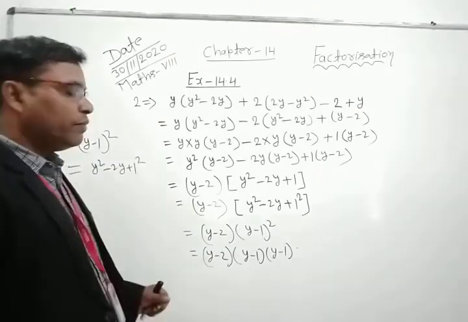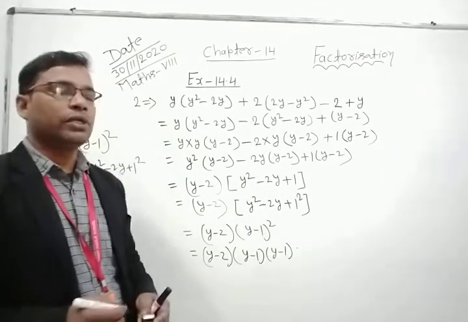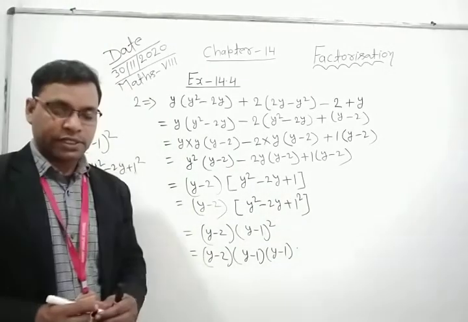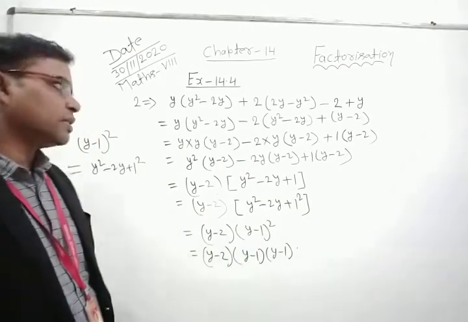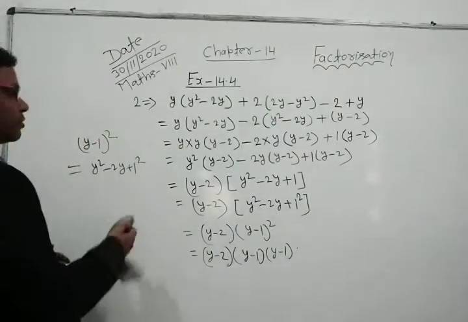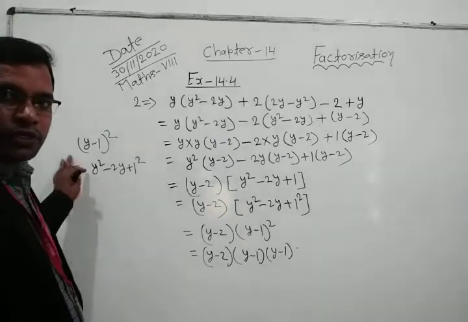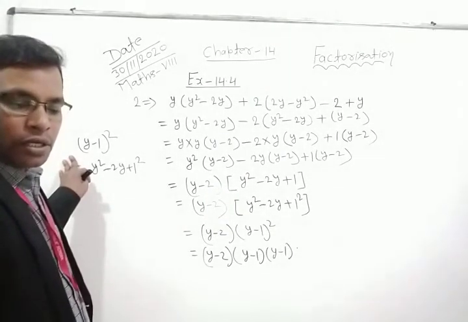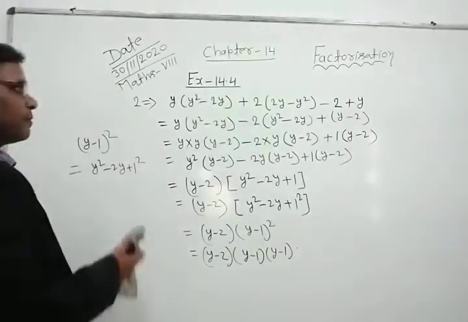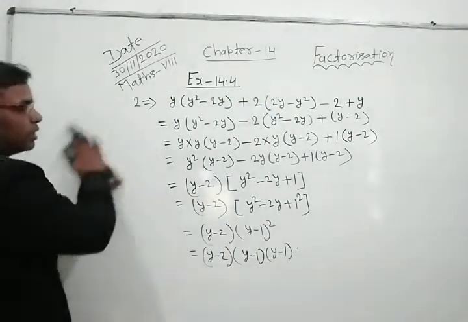Now we are going to discuss the next question, question number 3 of this exercise. Let's see how to solve the third question. I hope all of you understood these questions and you are able to solve such types of questions.